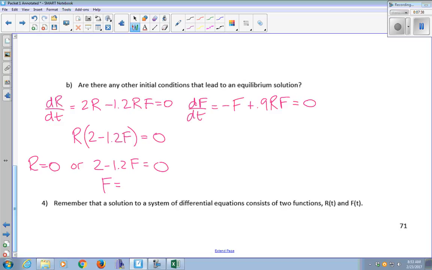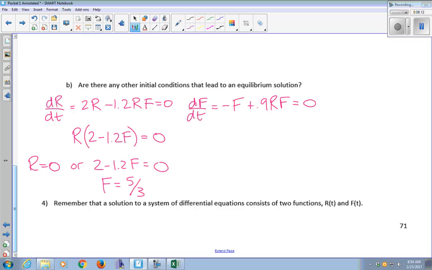I need a calculator. 1.6, yeah, 1.6, 1 2/3. Five thirds. So, I mean, you can't have 1 2/3 of a rabbit, or of a fox, but this could be measured in like thousands or something.